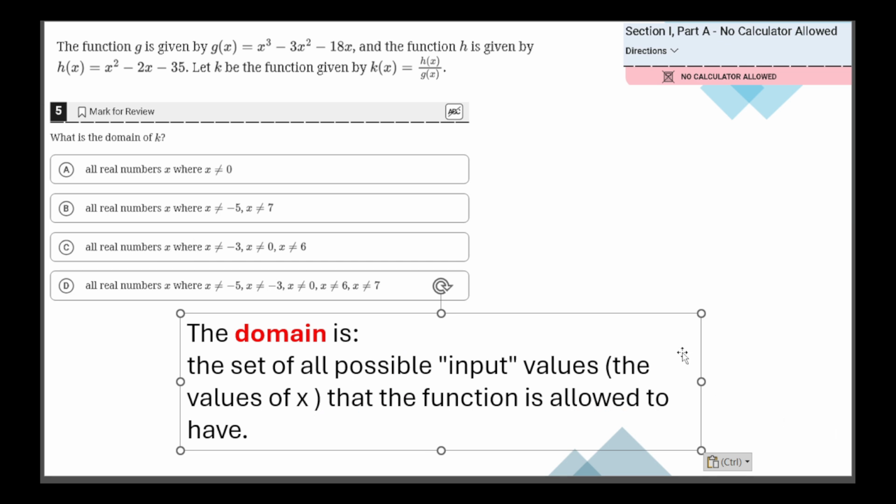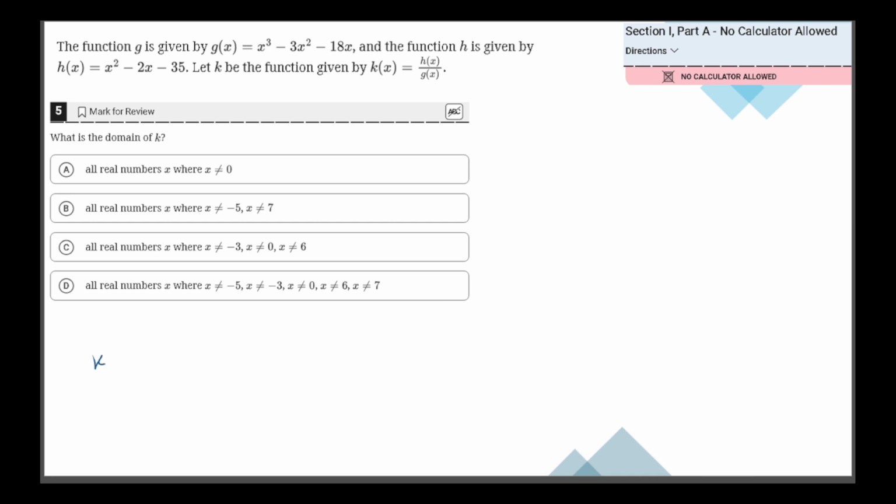We know that we have a rational function, k of x equals h of x over g of x. The numerator is h of x, which is x squared minus 2x minus 35, and the denominator is g of x, which is x to the power 3 minus 3x squared minus 18x.